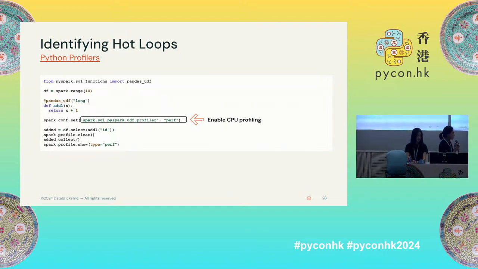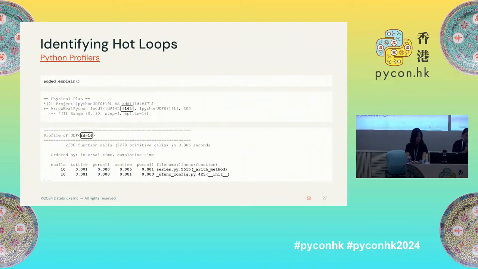This is the other profiler I mentioned. It actually leverages Python's native profiler, called Python cProfile. It will show which API or function was called how many times, or how much time it took. You set the same configuration to perf, and then at the bottom you call profile.show with perf.